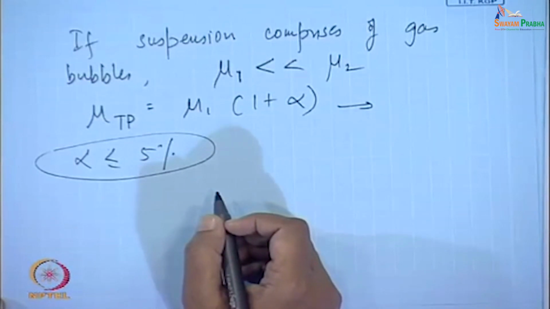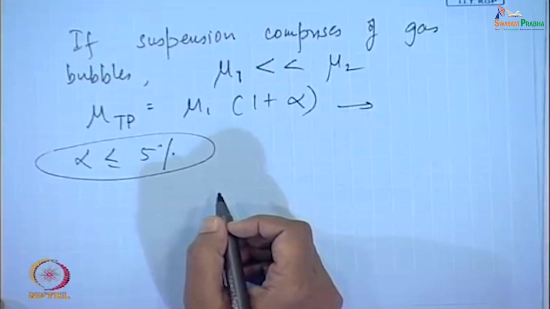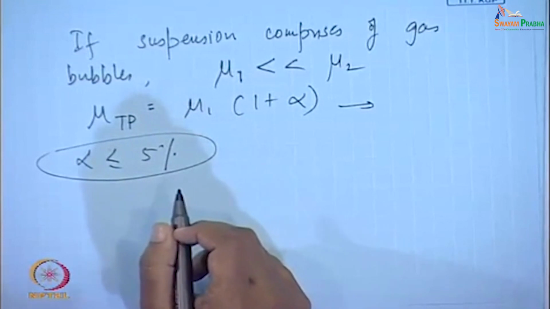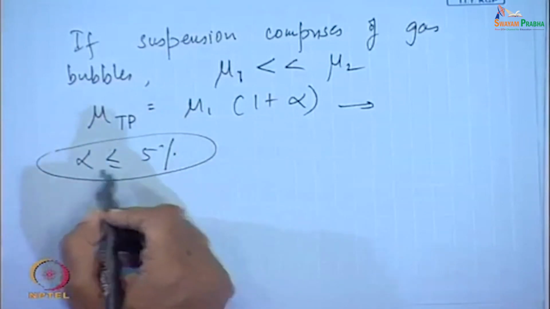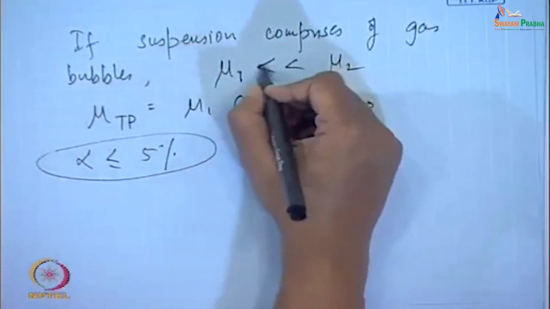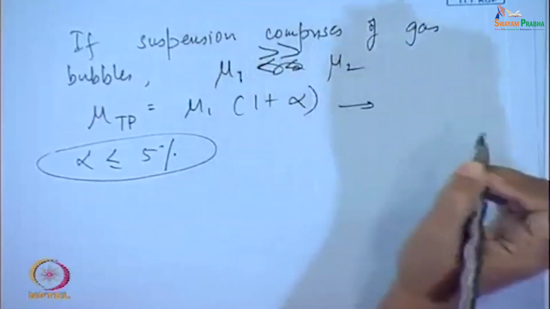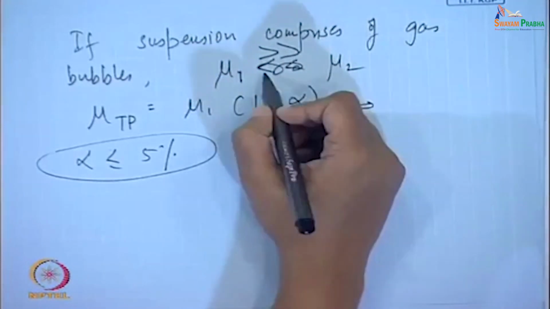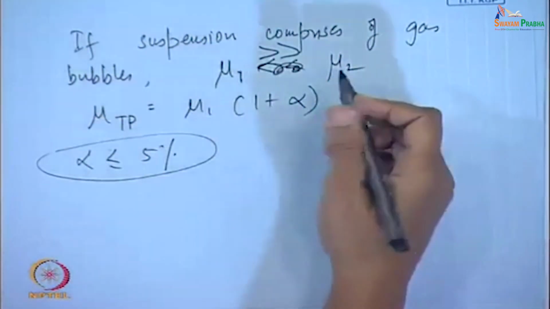So, for such a situation what should we be doing? For such situations numerous rheological models are available. Very sorry, mu 1 is much greater than mu 2, very sorry.